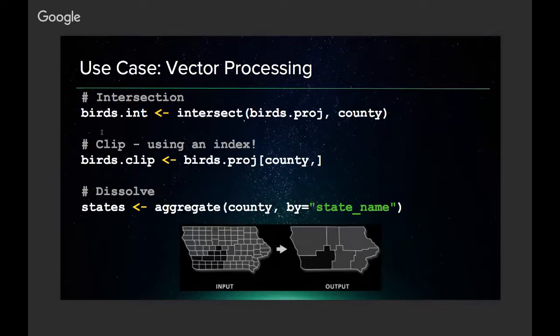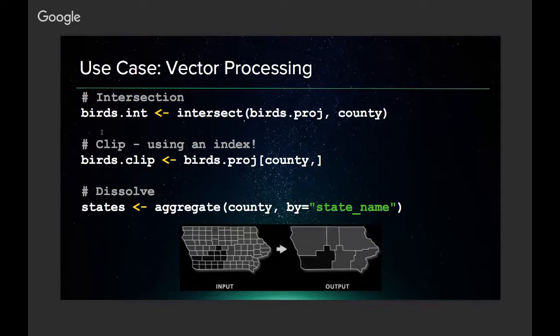R understands what these brackets mean as an index. If you have a table and you say my table and then square brackets 1, 1, that's the value at the first row, the first column.